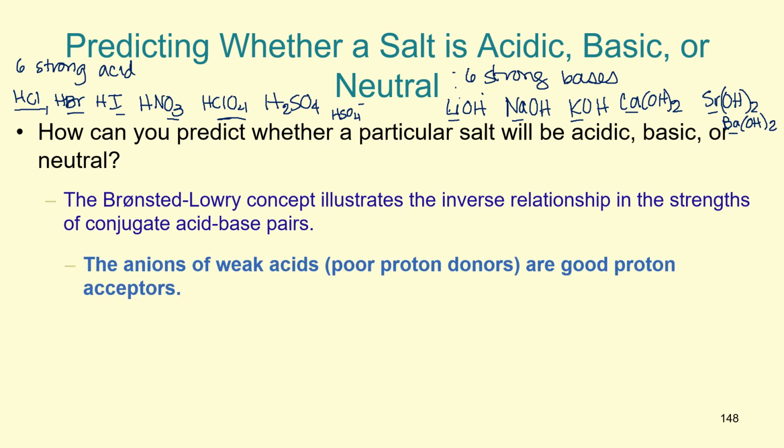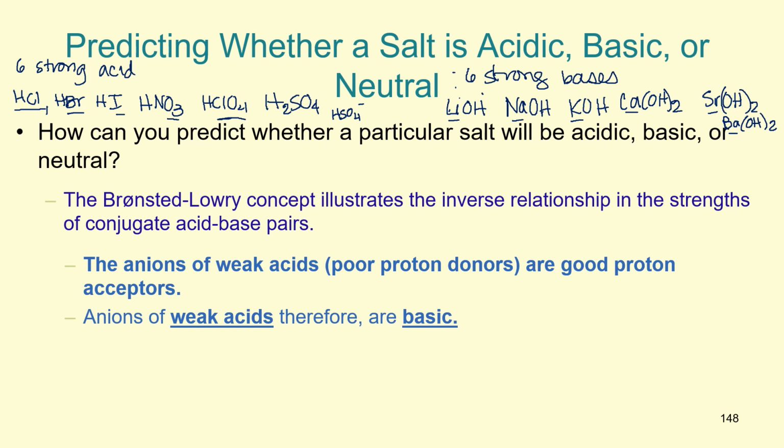All right, so again, just saying what I just said. Anions of weak acids are very good proton acceptors. So if you've got a weak acid, they're really good at accepting the hydrogen back. But if they're strong acid, they're not. So any anion of a weak acid is considered basic.